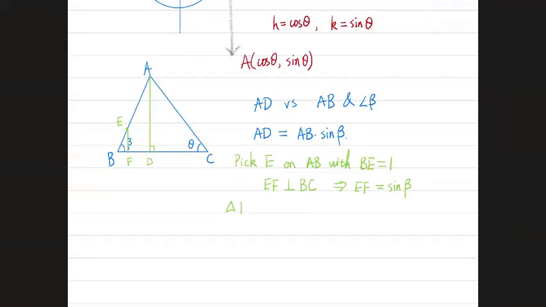Triangle BEF is similar to BAD. So we have the two ratios: AB over AD equals BE over EF.